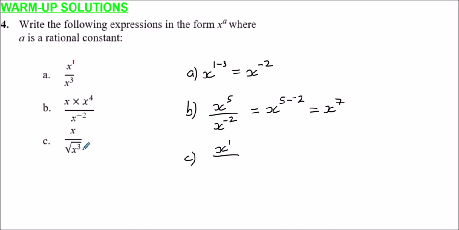And so that's x cubed to the half, which is x to the power of 3 halves, 3 over 2. So that's going to be x to the power of 1 minus 3 over 2. That's going to be x to the power of minus 1 half. And so those are the answers to the warm-up questions.